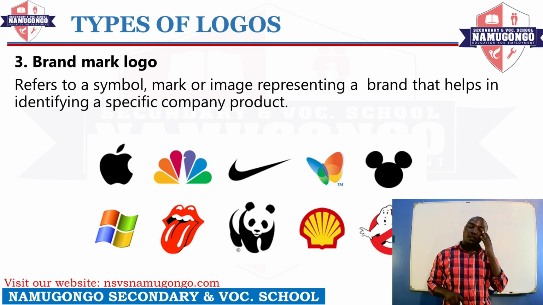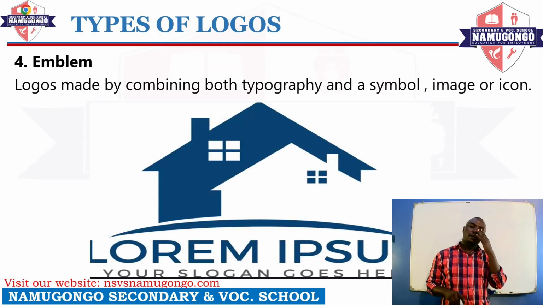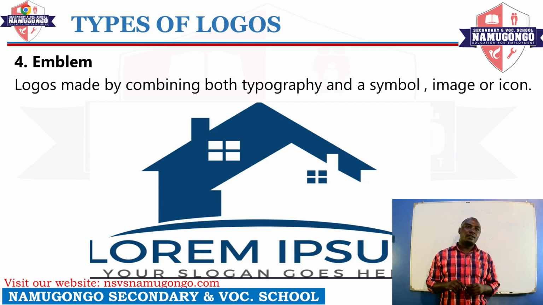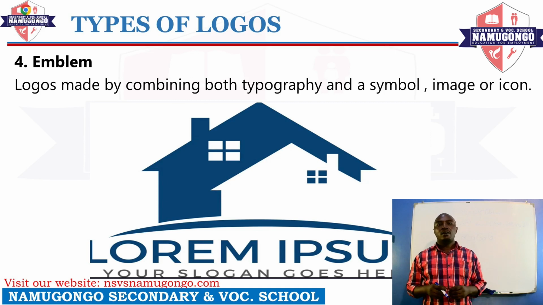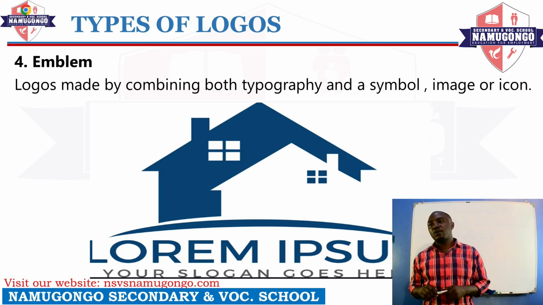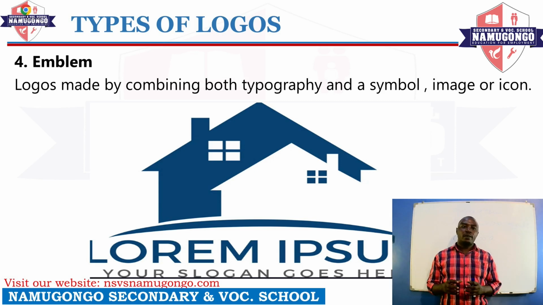Then fourthly, we have what we call the emblem. With the emblem, it's the combination of all the three types, that is the letter mark, word mark, and then brand mark. This is the combination, and we can define it as a logo made by combining typography and a symbol or image to come up with that type of logo.